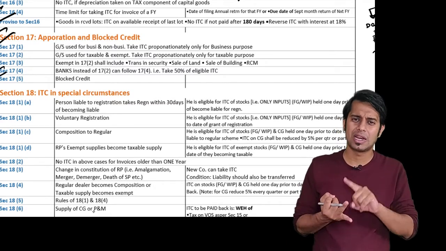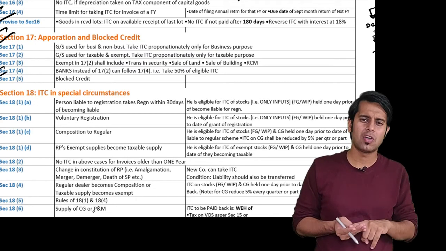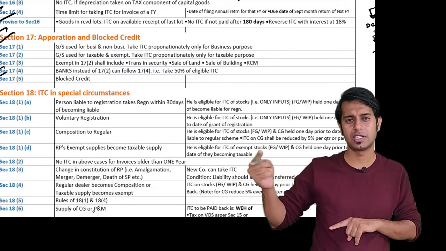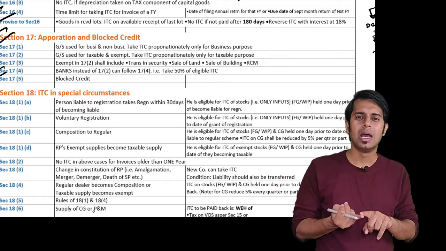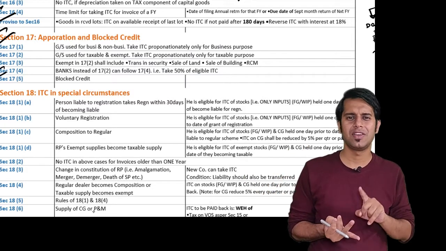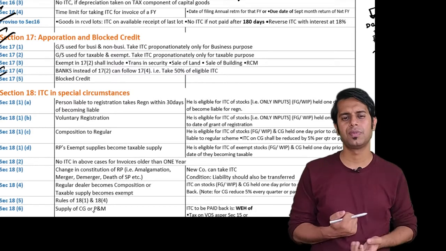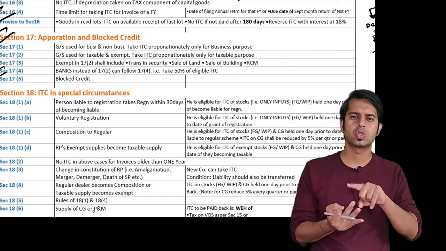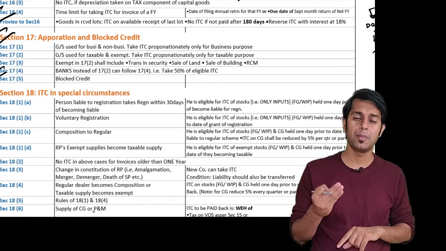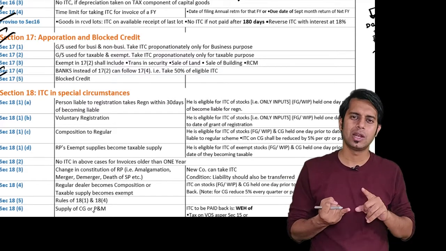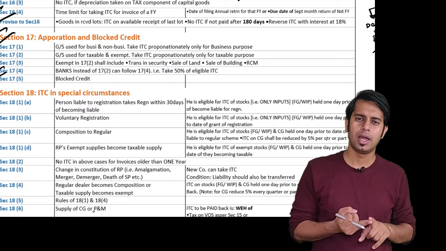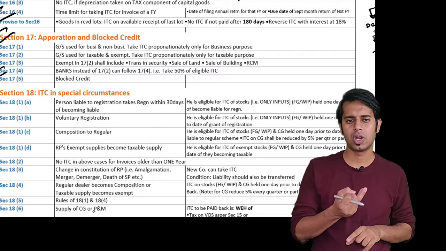Then beauty treatment, restaurant, outdoor catering, renting of cab, etc., if it is not used for further supply of the same kind of business, then health insurance, life insurance, then fitness, membership of gym, fitness club, etc. Then works contract services, goods or services used for construction of immovable property other than plant and machinery, then goods used for personal purpose, the supplies made under section 10, you cannot take input tax credit.